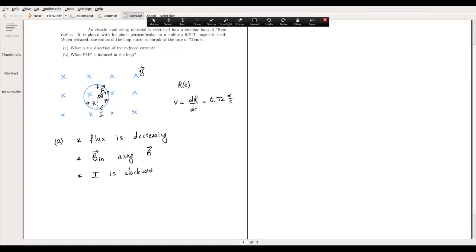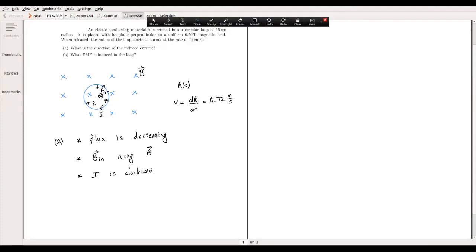In the configuration shown. Notice that since it was not really given in the problem as to whether the magnetic field is going into the board or coming out of the board, the only requirement is that the loop has to be perpendicular to the magnetic field. So it was very valid to have chosen B to be coming out of the board, and in that case the whole thing would have been reversed and the current I would be going counterclockwise.